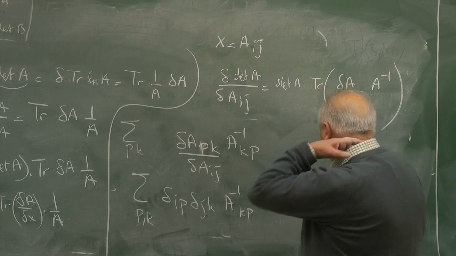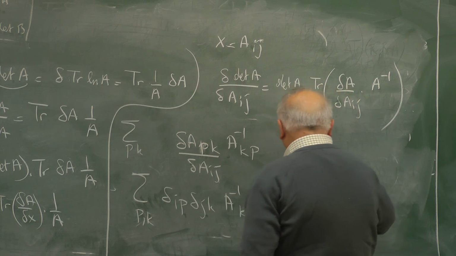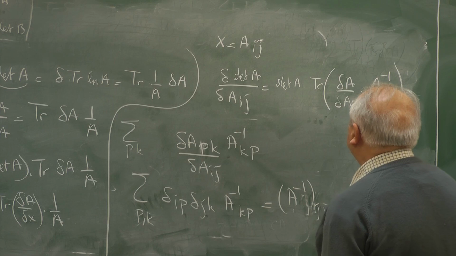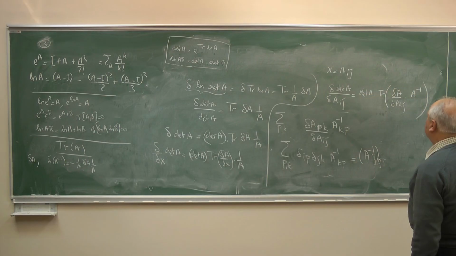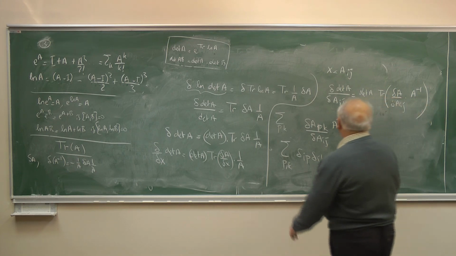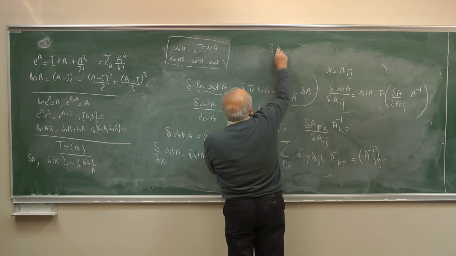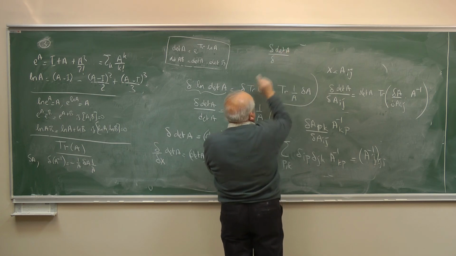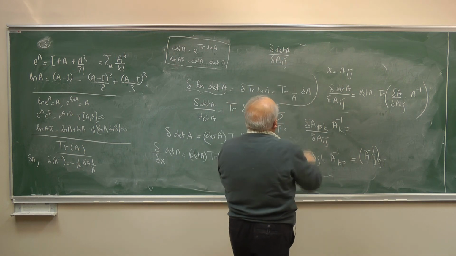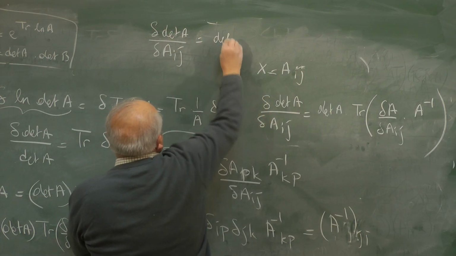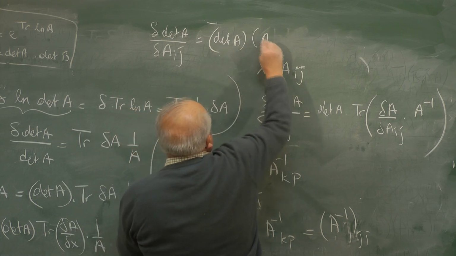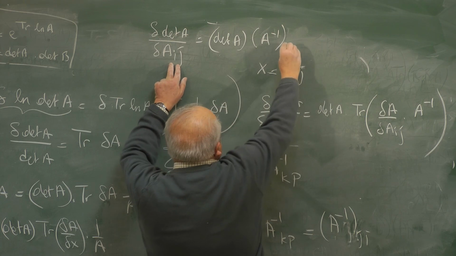A minus 1 Ji, or the Ji element of A inverse. So if I write it out, delta determinant A over delta aij is equal to determinant A times the Ji element of A inverse.